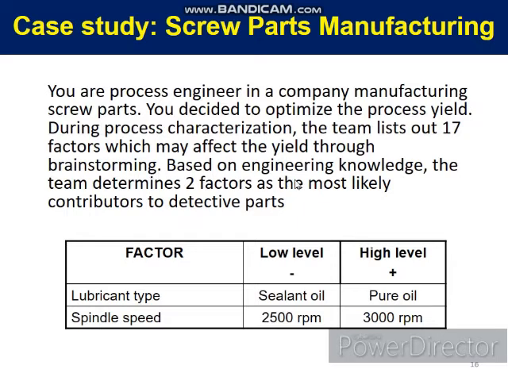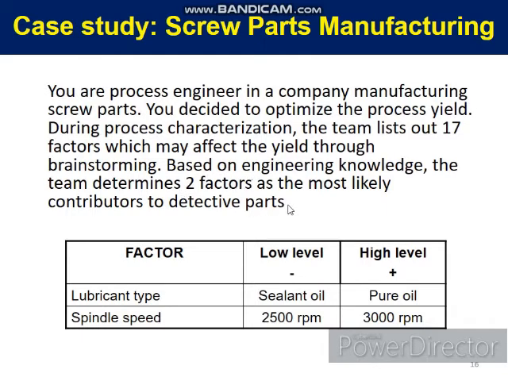But based on engineering knowledge, the team determines two factors as the most likely contributors to defective parts. As in any brainstorming session, you get many ideas, but you have to screen them.